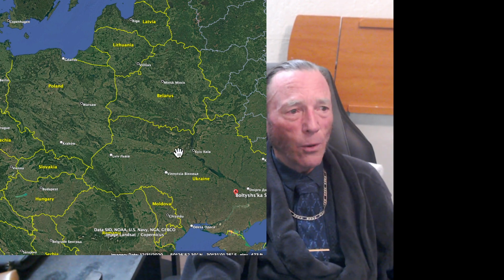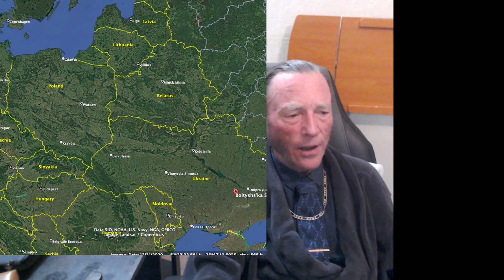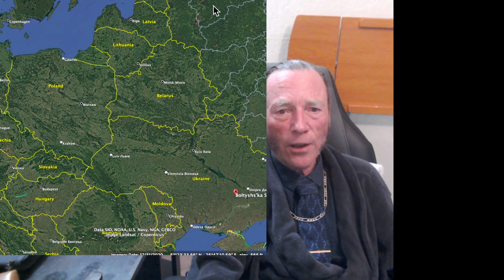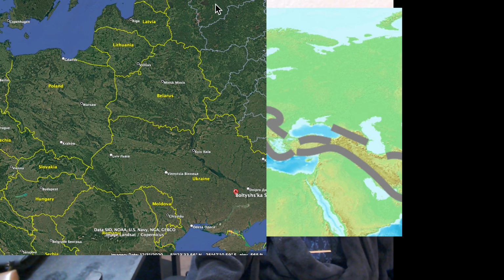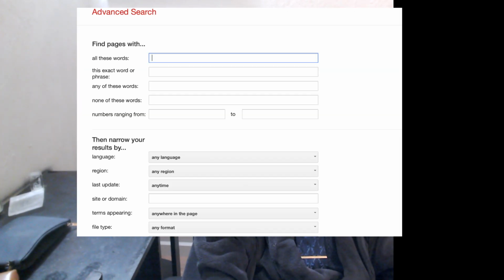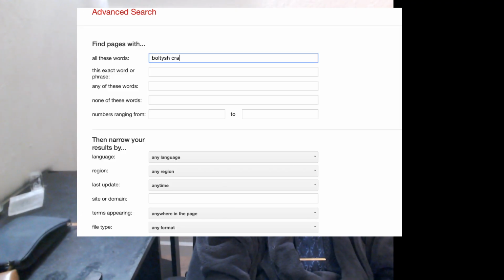We want the Boltysh Crater, which I will now, for our dancing and dining pleasure, look up in another tool, which I must turn on. Turn this off. And we want now the Boltysh Crater.